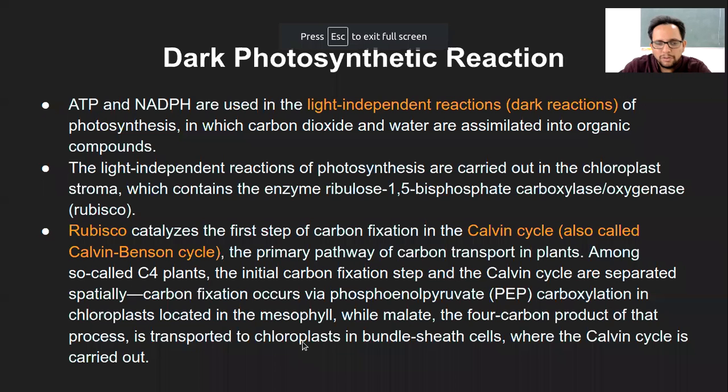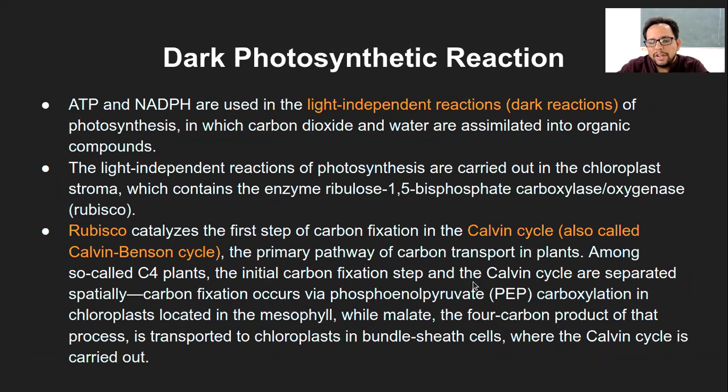So coming back to this part. In case of the C4 plant, the initial carbon fixation step with rubisco and the Calvin cycle are separated spatially. Separated spatially means they happen at different spaces, right? And the carbon fixation occurs by phosphoenolpyruvate carboxylation.